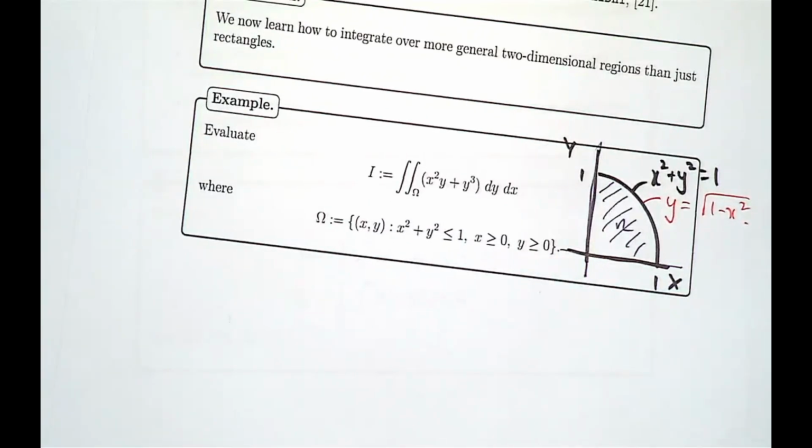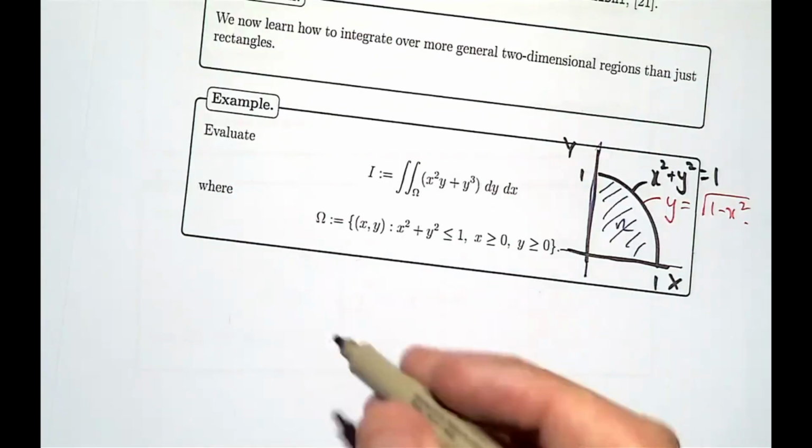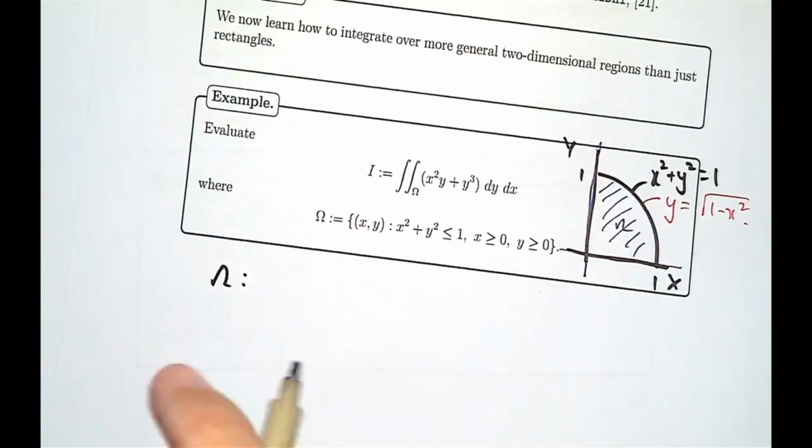That boundary curve, the curved part of the circle, you can write it as a function of x. In this case, not always, but in this case you can. So our integral this time is not over a rectangle, it's over a quarter disk. So what does that look like? Well, I'm going to just describe omega a bit more.